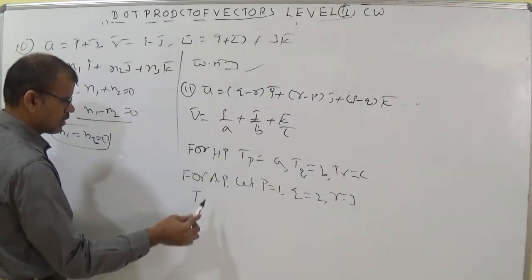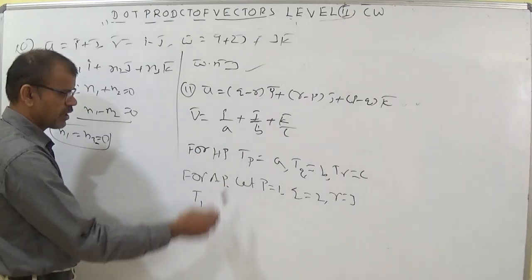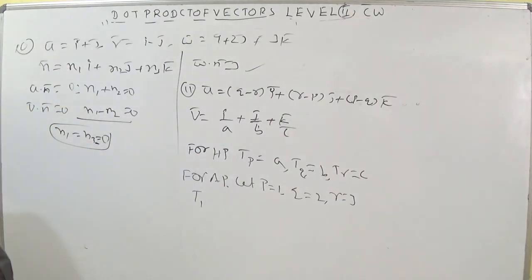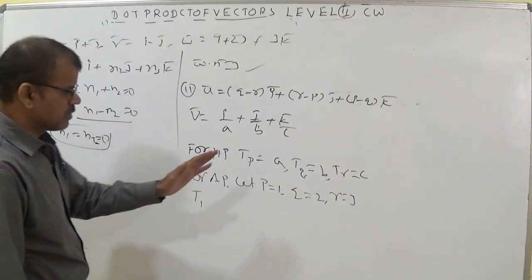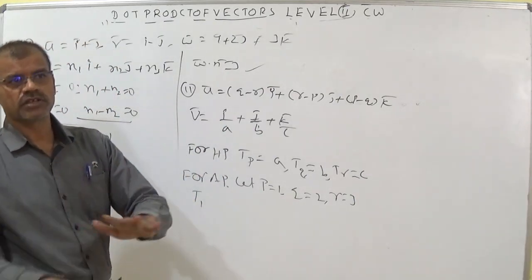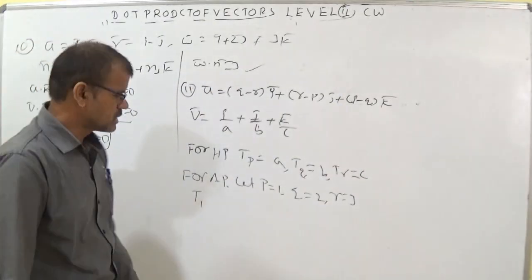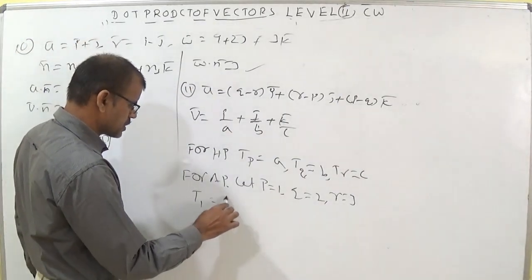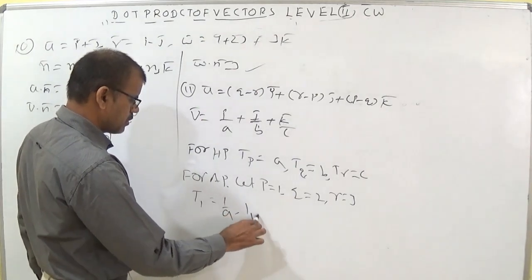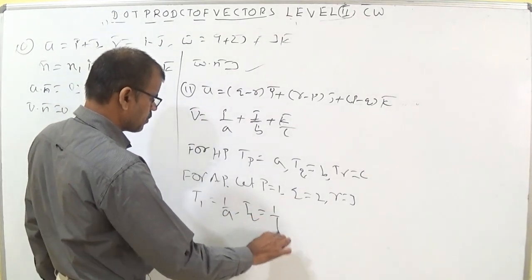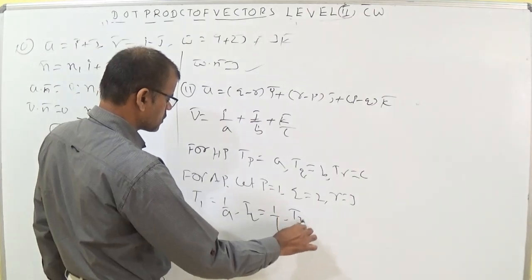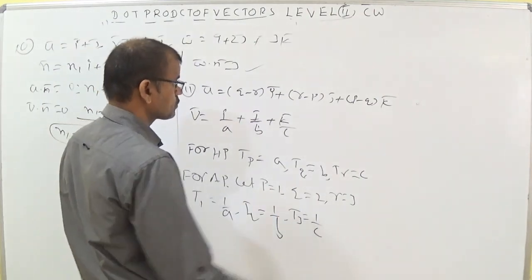When calculating for an arithmetic progression, the values become reciprocals. So T1 is equal to 1 by A, T2 is equal to 1 by B, T3 is equal to 1 by C.